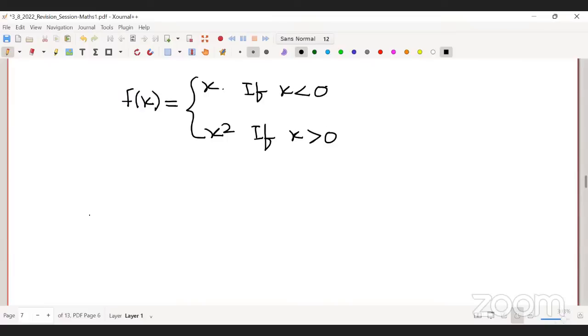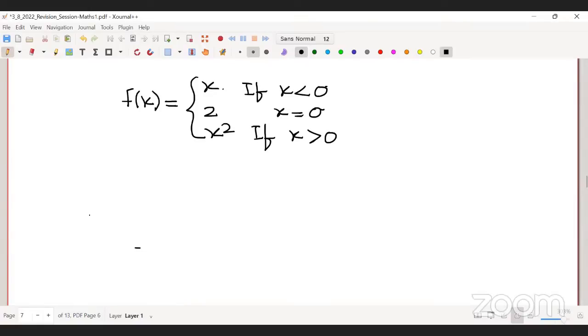Now I have control, because I am defining this function. At x equal to 0, I'll define the value as 2. So this is my function.